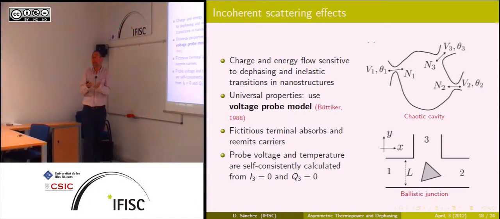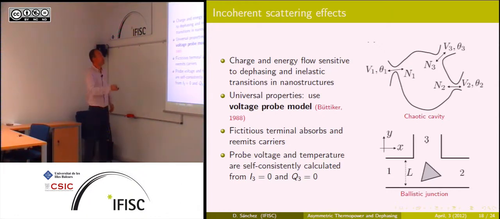Of course, this is very difficult because then you have to put in your Hamiltonian interaction with phonons, interaction between electrons, which produce inelastic transitions, or fluctuating impurities, whatever you like. And this is very complicated. On the other hand, you would like to study some universal properties.